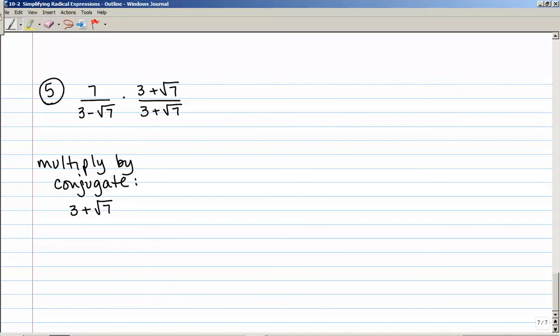Now what this is going to do is it's going to act like multiplying something like x plus 2 times x minus 2. We'll see what happens here. So on the top, I'll be distributing. And on the bottom, I'll be foiling. Okay, so let's go ahead and distribute on the top and see what we get.